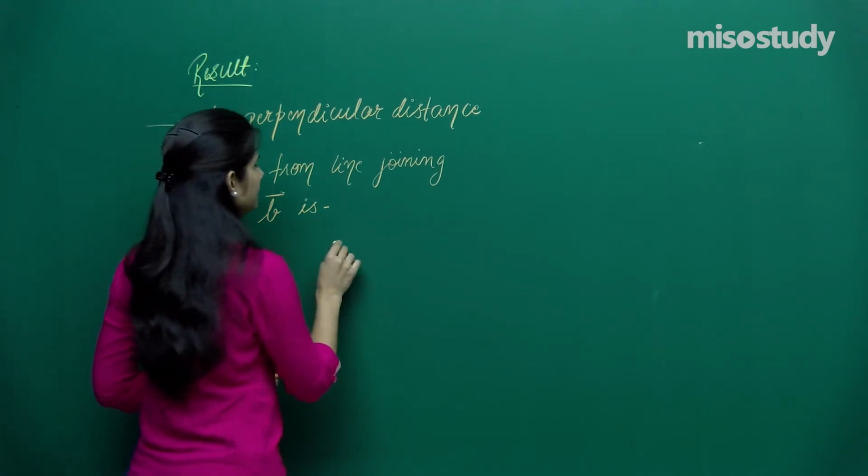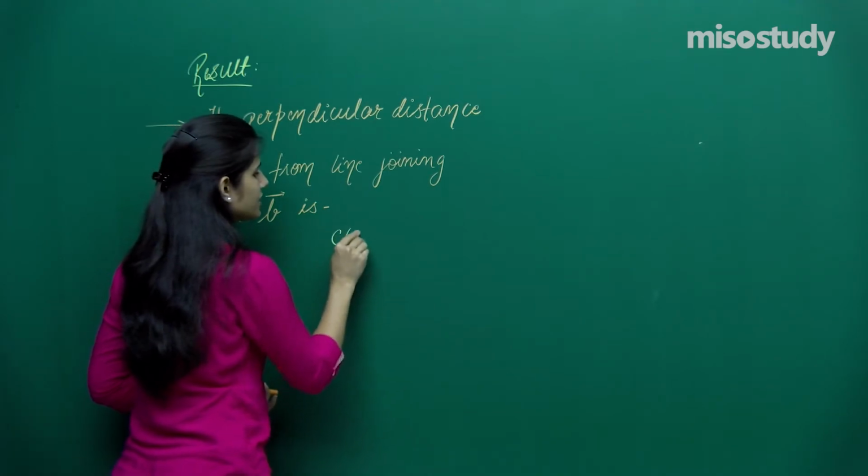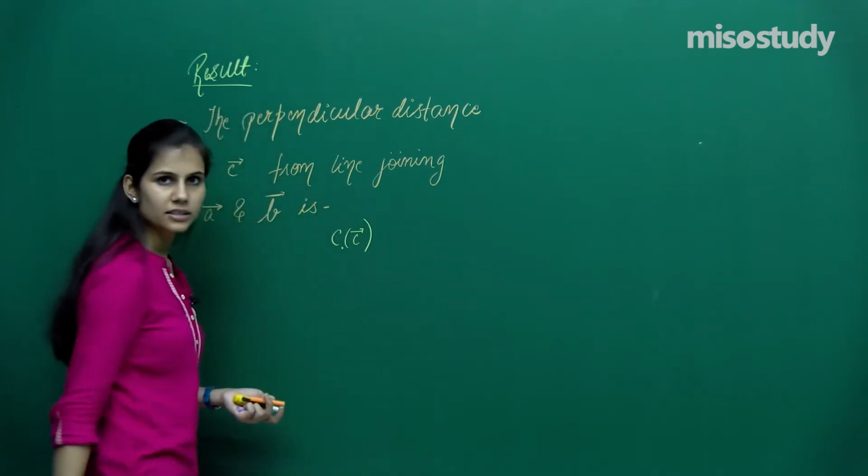So basically let's find this out. Suppose this is my point C whose position vector is C vector.